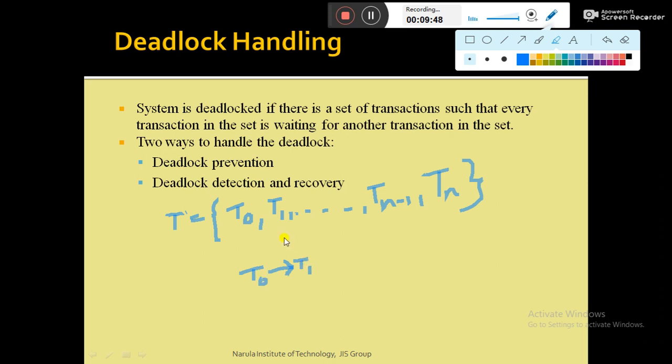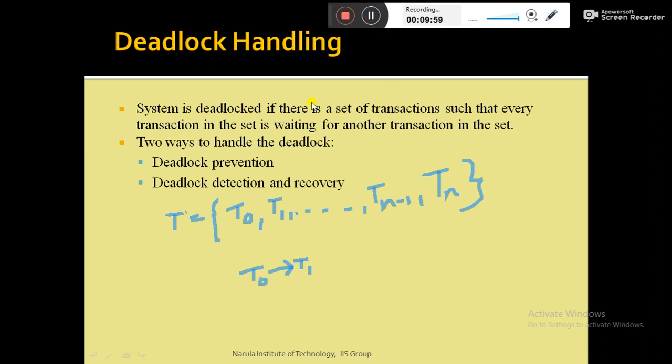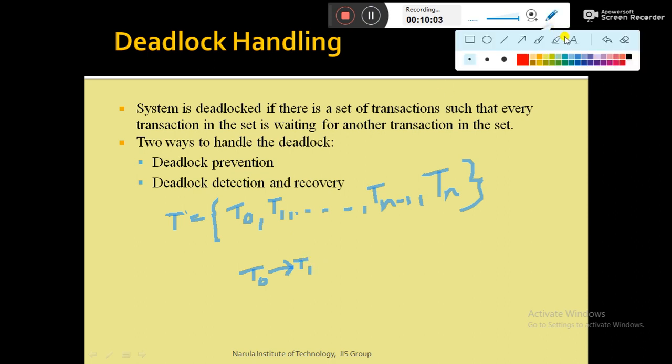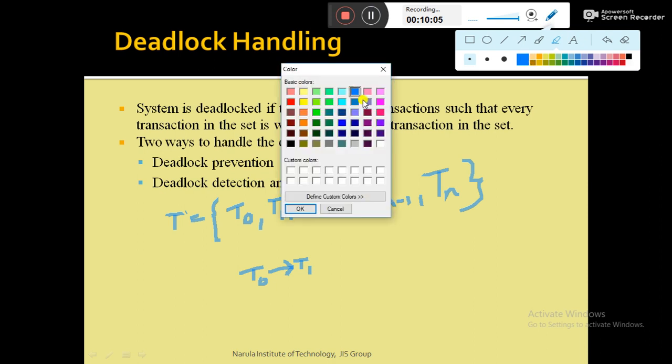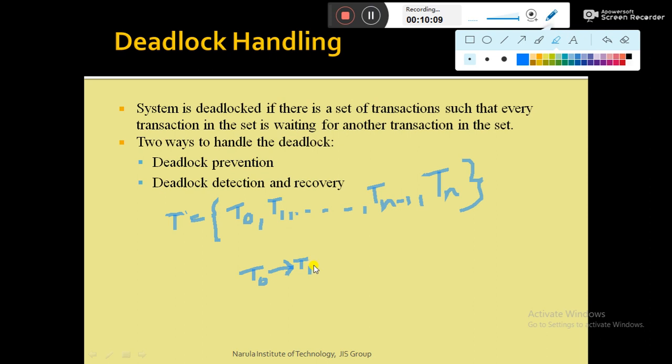Because T1 is already holding a data item and that data item is requested by transaction T0. Similarly, T1 is waiting for a data item which is already held by T2. It will continue like that.